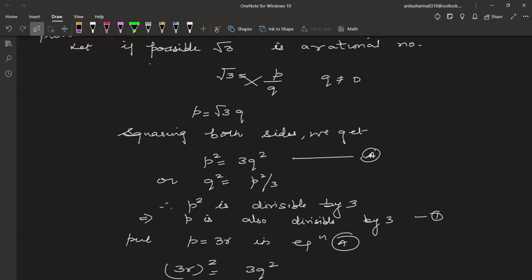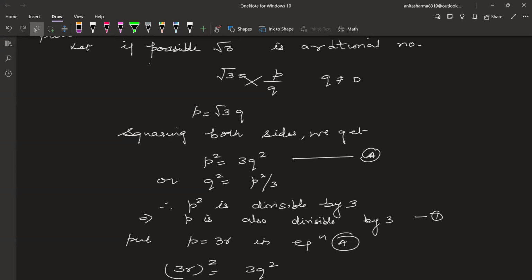After cross multiplying, you need to square both sides, right? So P square will be equal to 3Q square. So Q square will be equal to P square by 3. It means that 3 divides P square. So if 3 divides P square, it means 3 divides P also, right, beta? So it means that P is a multiple of 3.